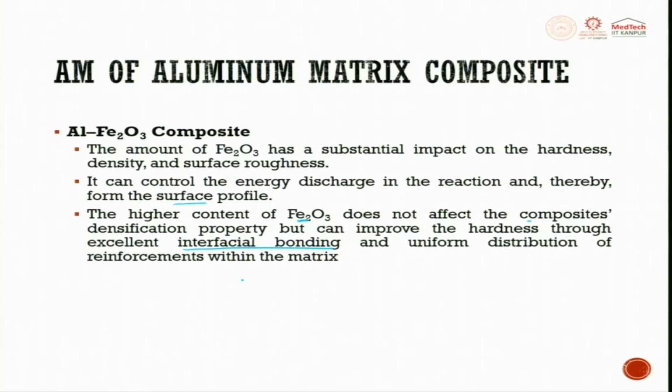Now that we have seen some amount of metal matrix basics, let me list down what is expected from a metal matrix composite. The first thing is it should have uniform dispersion of reinforcement.